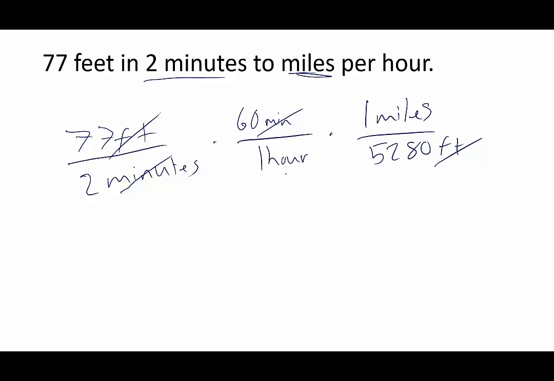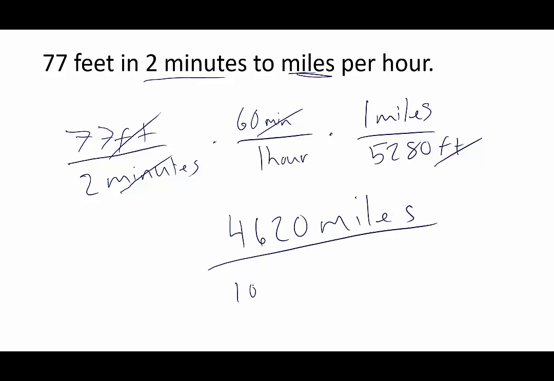So let's see here. 77 times 60 is 4,620. So we can go 4,620 miles in 2 times 5,280 is 10,560 hours.